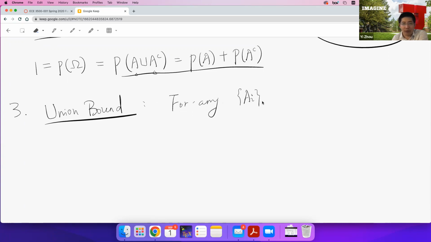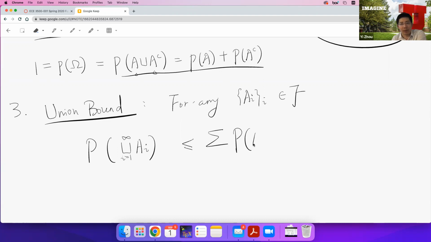For any sequence of events belonging to the sigma field, the probability of this union event is less than or equal to the sum of the probabilities of the individual events.